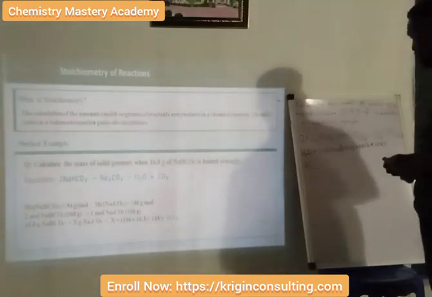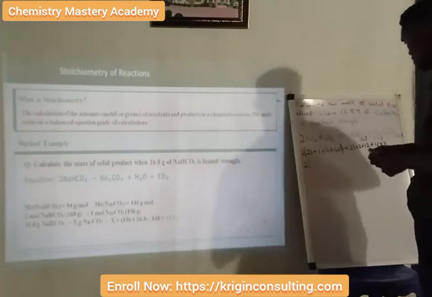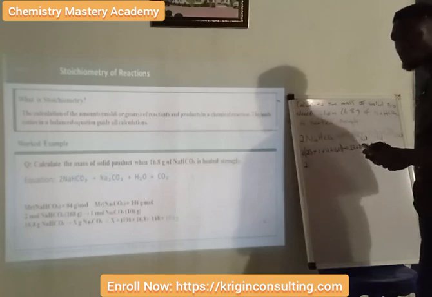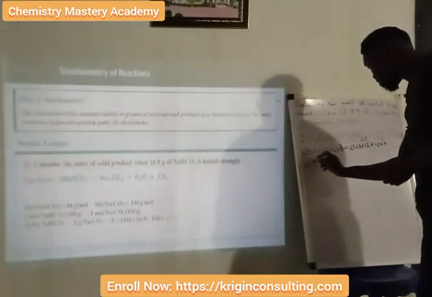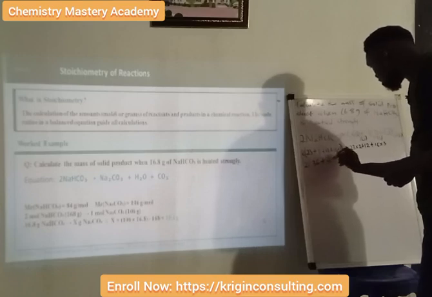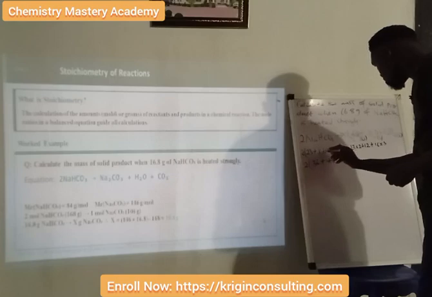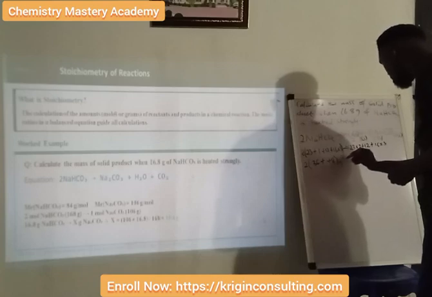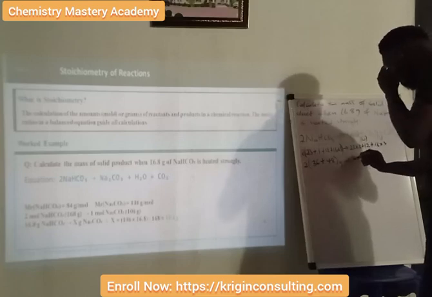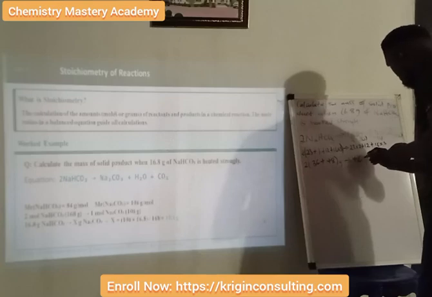Now let's go. 23 plus 1 will give us 24. 24 plus 12, that's 36. Plus 16 times 3, that's 48. Close the bracket. Remember, it's the molar mass we are looking for. 23 times 2 is 46, plus 12 plus 48.